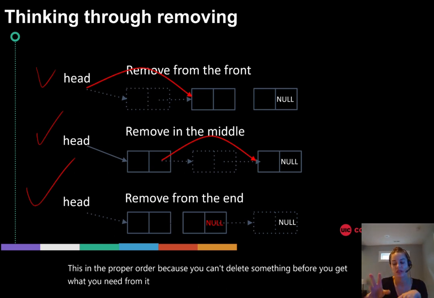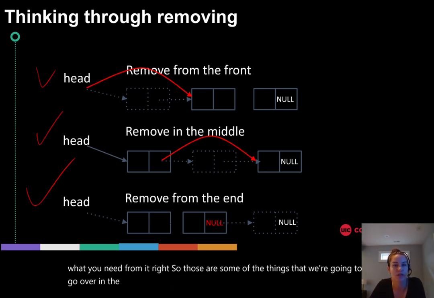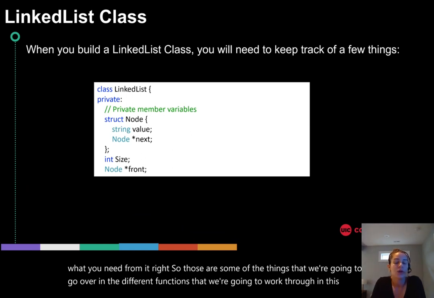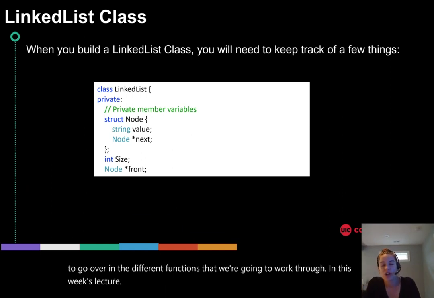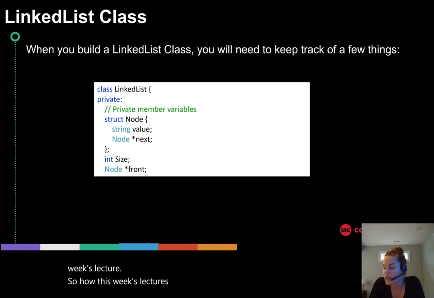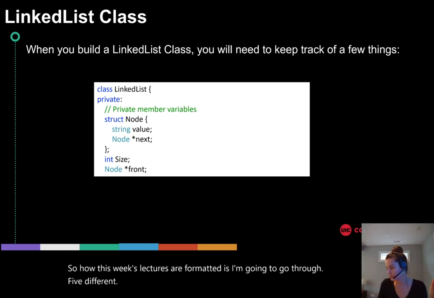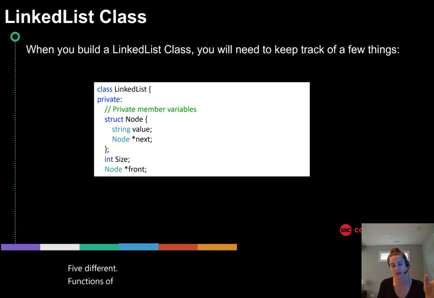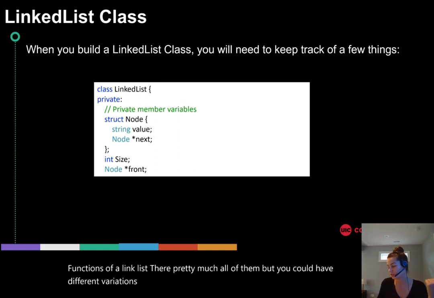So those are some of the things that we're going to go over in the different functions that we're going to work through in this week's lecture. So how this week's lectures are formatted is I'm going to go through 5 different functions of a linked list. They're pretty much all of them, but you could have different variations of these. We're going to traverse a linked list.